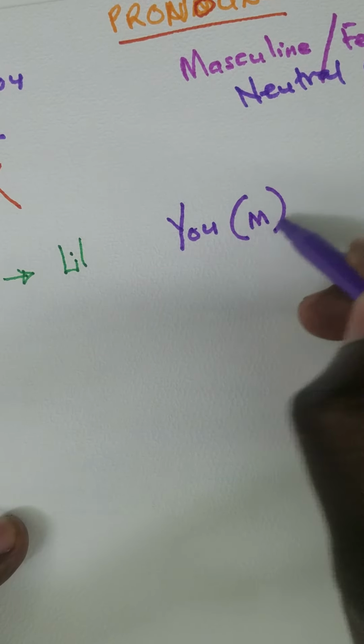And you, when you are referring to a female person, it is going to be anti. So you see, it is either female or male. Anta, you're talking about you, male. Anti, you, but this you is female. Okay.